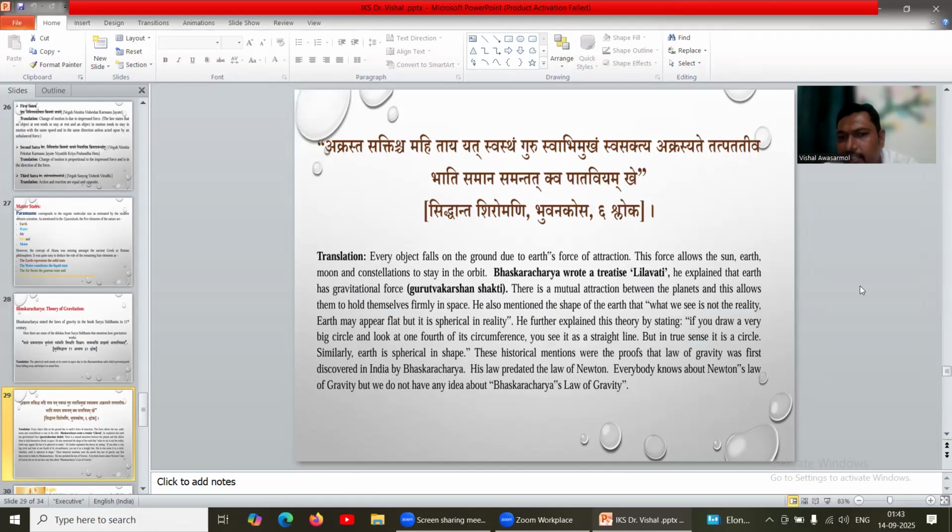He further explained this theory by stating that if you draw a very big circle and look at one-fourth of its circumference, you can see it as a straight line, but in the true sense, it is a circle. Similarly, Earth is spherical in shape.